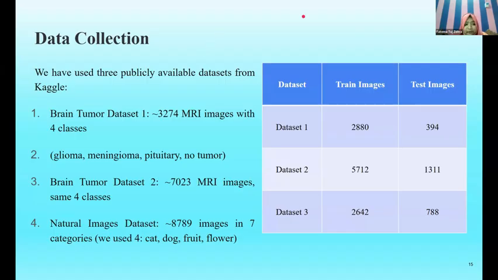In our dataset one, we have 3,270 MRI images, including four classes of tumors, and the same goes for dataset two. We have 7,000 MRI images, and for the third dataset, we have used the largest one for our work, where we have performed the segmentation on a natural image dataset to see how it works.